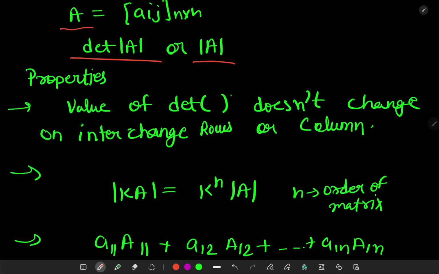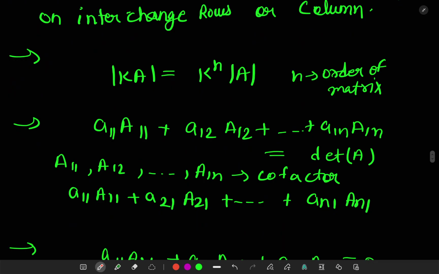The value of a determinant doesn't change on interchanging rows and columns. If we interchange any two rows or any two columns, the value of the determinant is multiplied by -1. Now the determinant of k into matrix A is equal to k raised to power n determinant A, where n is the order of the matrix.